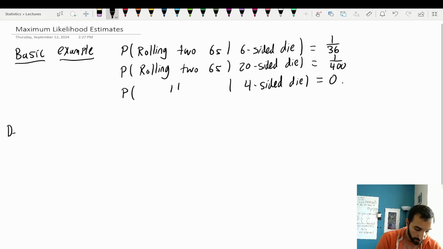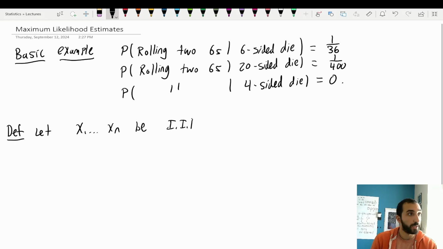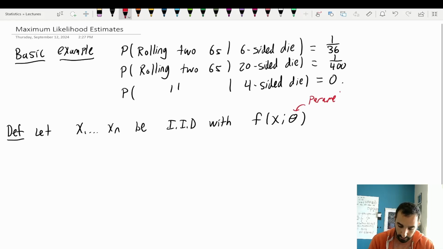So here is the definition of likelihood, the thing we're going to be maximizing. So let x1 to xn be independent, identically distributed random variables coming from a probability density function f of x, except we're going to have a family of probability density functions. So theta here is going to be the parameters of the distribution.